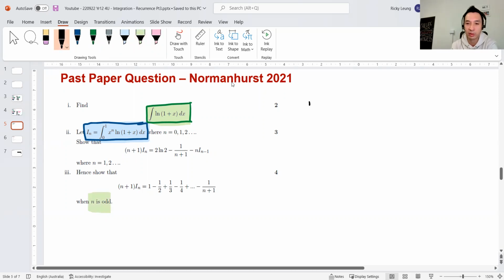Now, the first one is just simple by parts, right? So I've got the integral of ln(1 plus x) dx. Using LIATE actually works. So let u be ln(1 plus x), and then 1 dx, so that's dv.